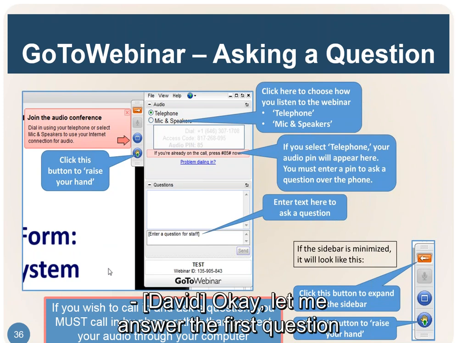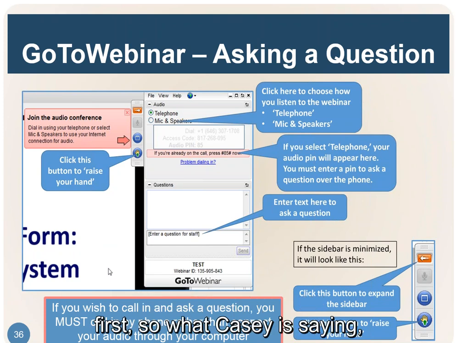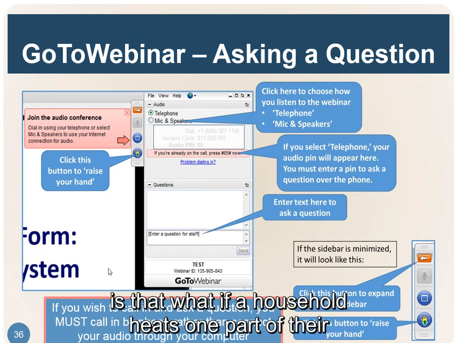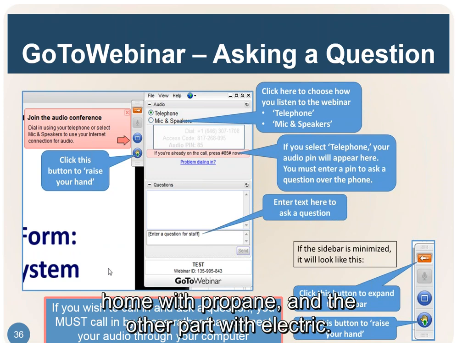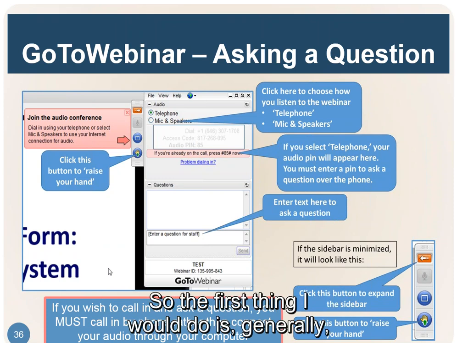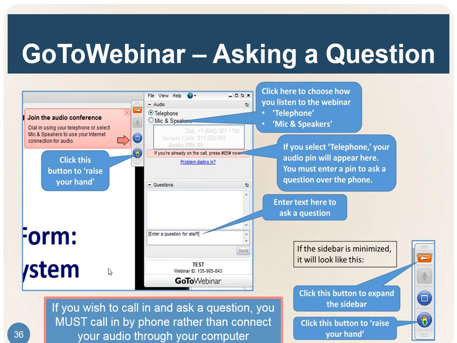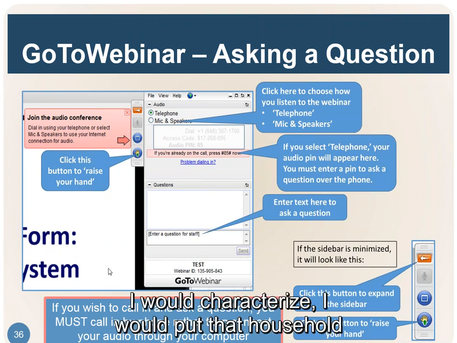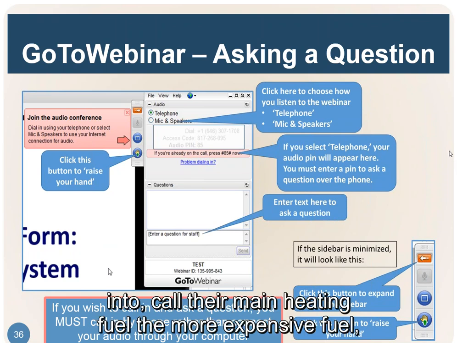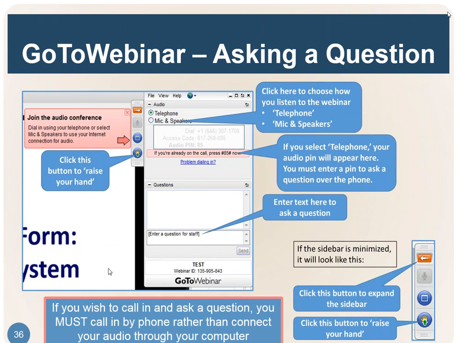Okay. Let me answer the first question first. Sure. So what Casey is saying is that what if a household heats one part of their home with propane and the other part with electric? So the first thing I would do is generally I would call their main heating fuel the more expensive fuel.